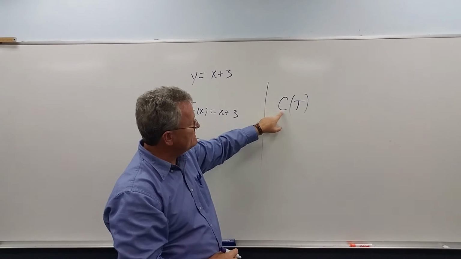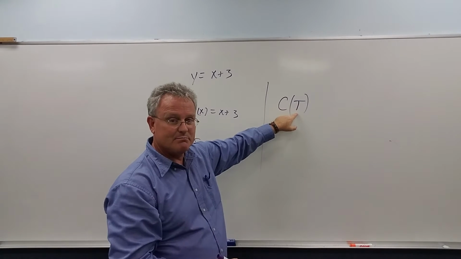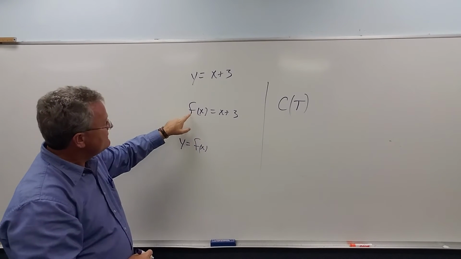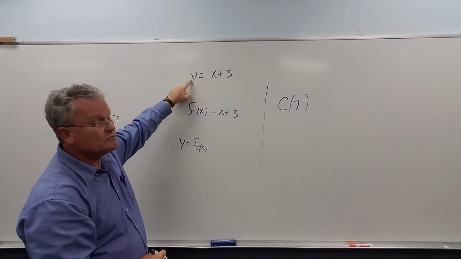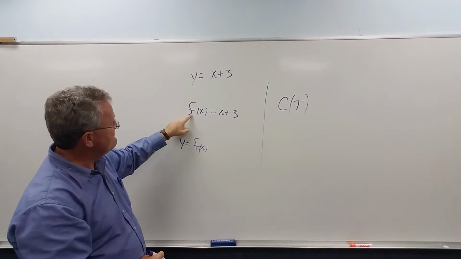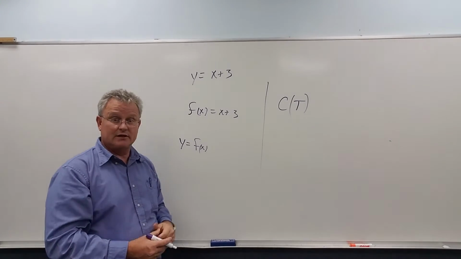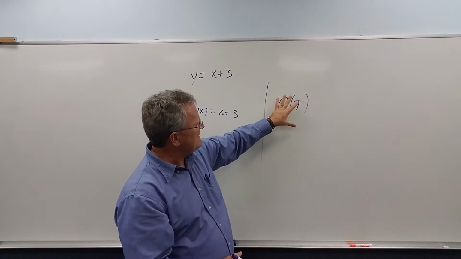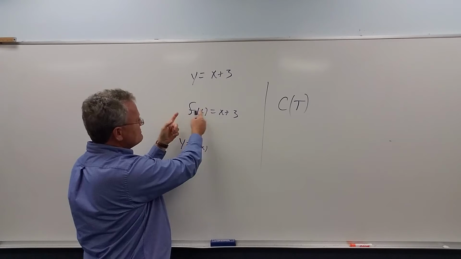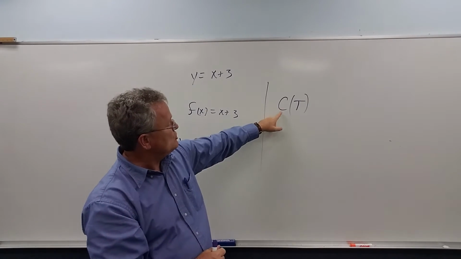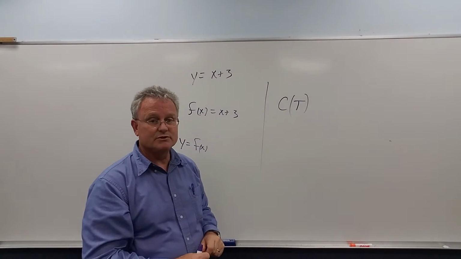The cooling bill depends on the temperature. Here, the value of my function, that's y, depends on the x value that I pick. This just makes more sense. We don't always want to just write f of x. Cooling bill depends on the temperature.